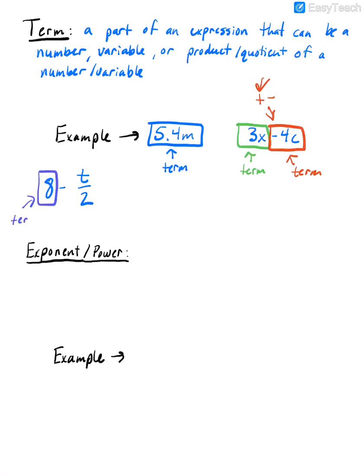Even if it didn't have a variable attached to it, it's just a number, so it can be a term by itself. And then the negative t divided by 2 is also a term. Okay? So those two things are separate. Once again, that negative goes with the t divided by 2. So a t divided by 2 can be an expression or term on its own.